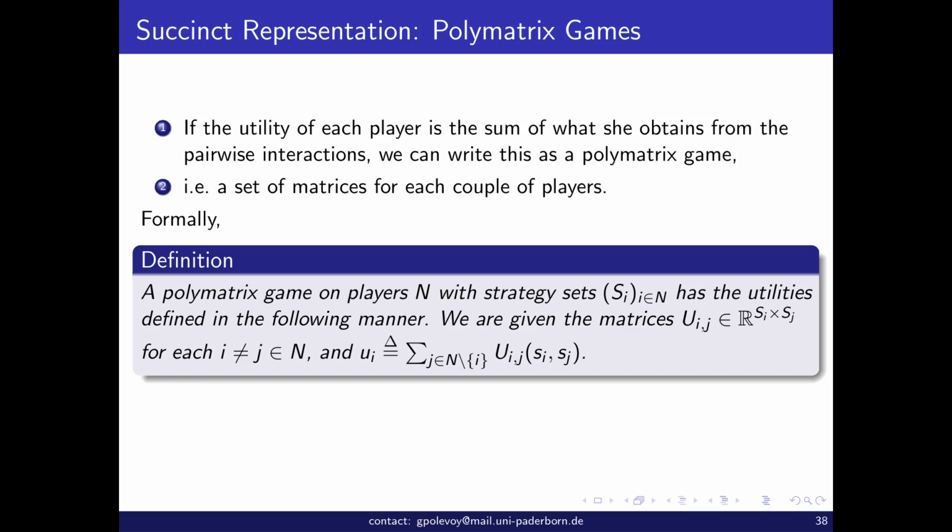So basically, a Polymatrix game on players N is a game where the utilities are defined by two-dimensional matrices for every two different players, and what player i gets is the sum of the utility she gets from her interactions with all the other players. So unlike in graphical games, where we assume that the player does not interact with many other players, here there is no such assumption.